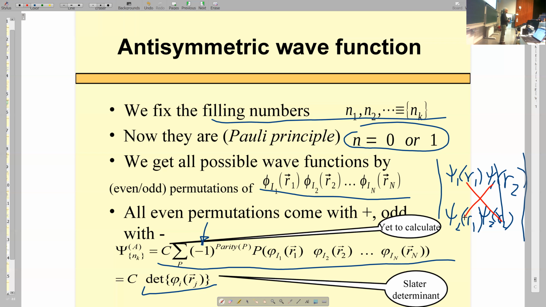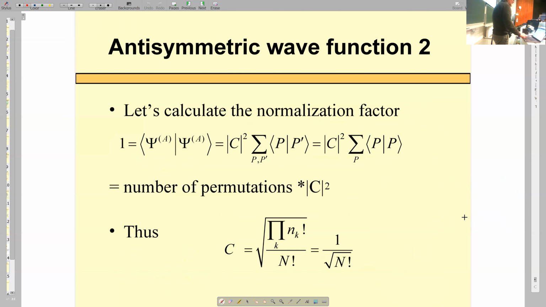Okay, that was enough for me. If you want to feel pain, try this. It's still an awful number of terms one has to deal with. Right, okay, that was the antisymmetric wave function.